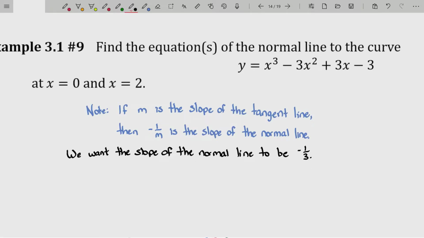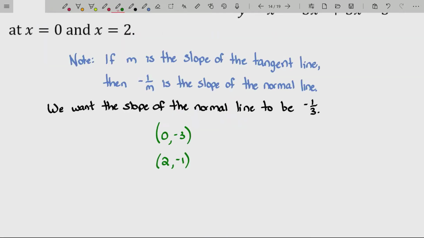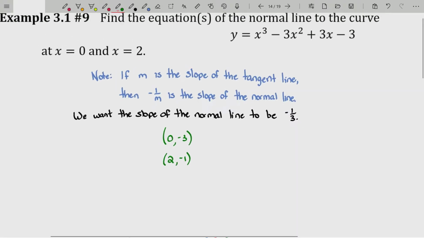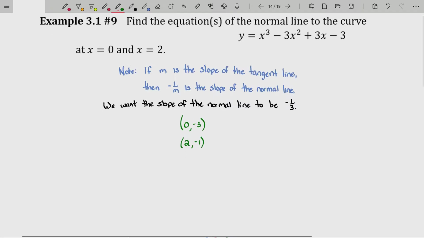We already pre-computed and knew the 2 points to be (0, -3) and (2, -1). So writing that over on our page, now I just need to find the equations of the lines with slope -1/3 going through (0, -3), and then the second line will go through (2, -1). It's just an algebra problem.